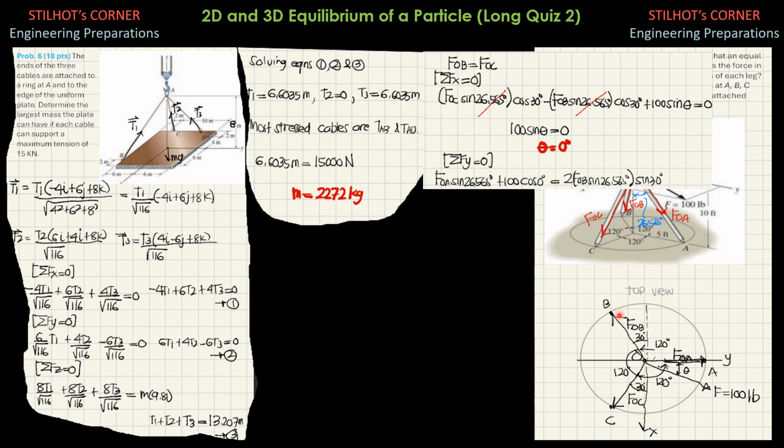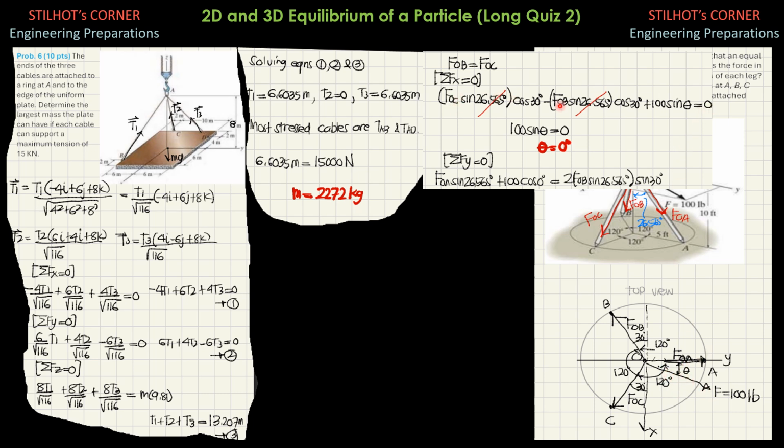Then FOB is minus, so first this projection here, which is FOB sine of 26.565 degrees. It is minus because it is directed in the negative x direction, then times cosine of 30 degrees, then plus the x component of 100, which is 100 sine theta, equals 0.